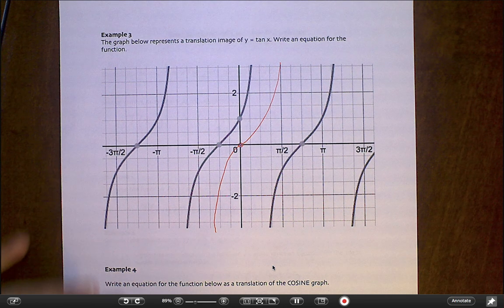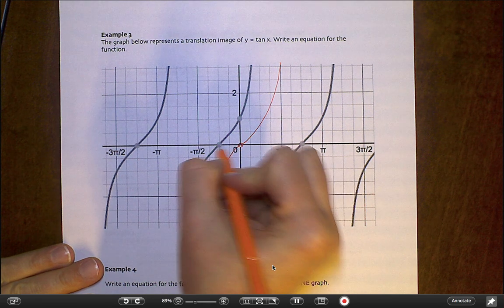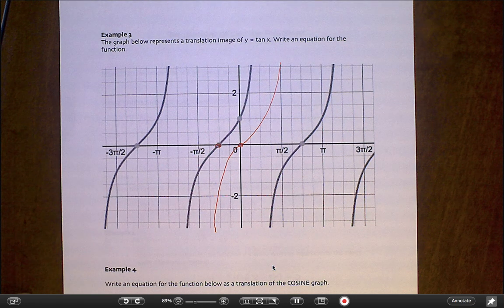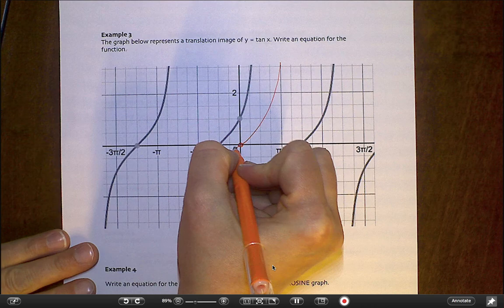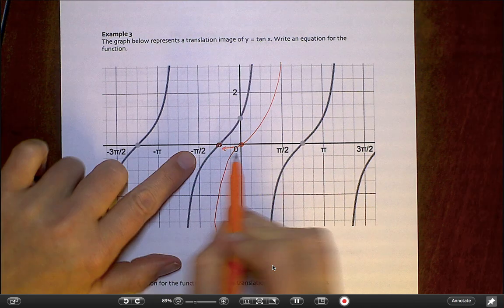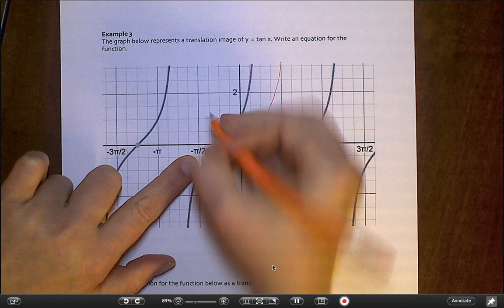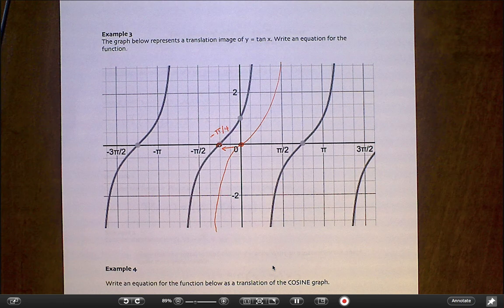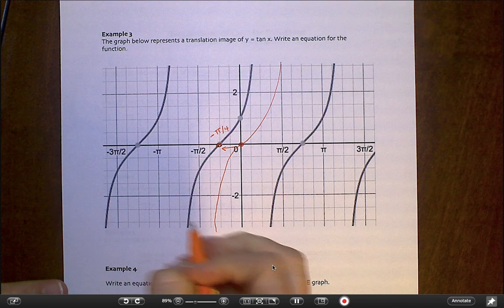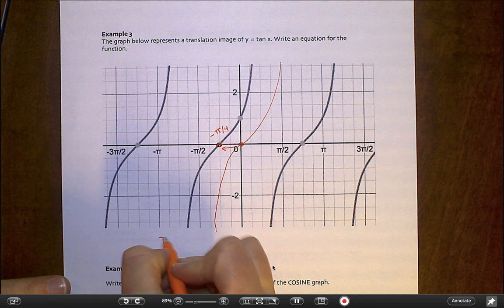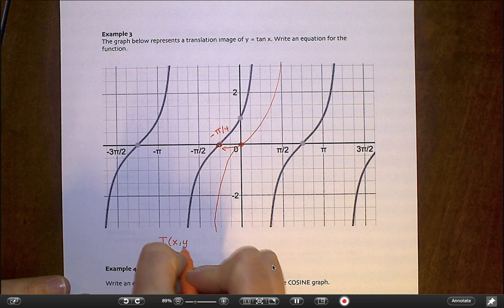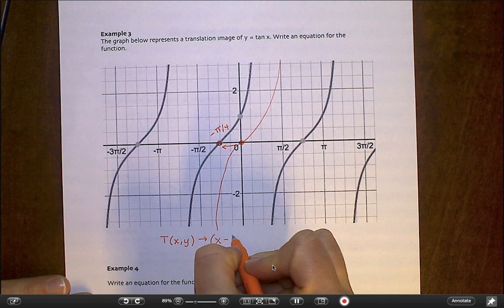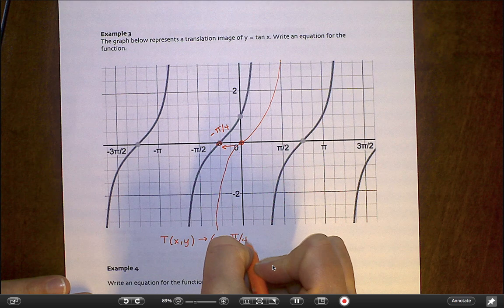Okay, so what's happened here is my tangent function, this point has now shifted over here to the left. Okay, and so what I'm seeing is a shift to the left by, let's see, if this is negative pi over 2, this would be negative pi over 4. So as far as a rule here, I would say that my translation took my x values and shifted them to the left by pi over 4.